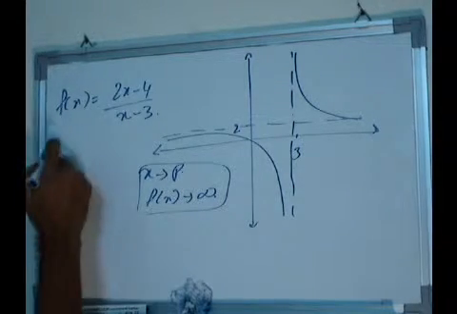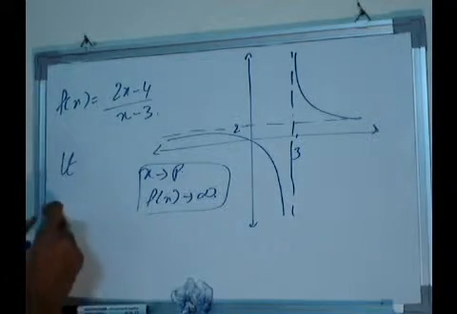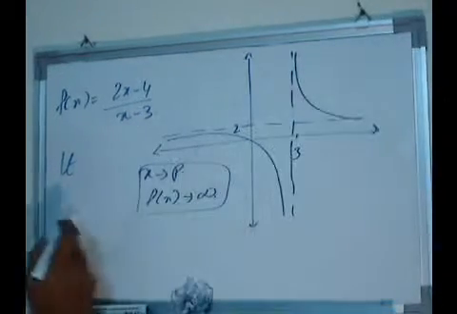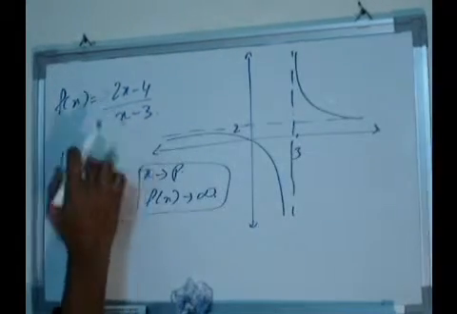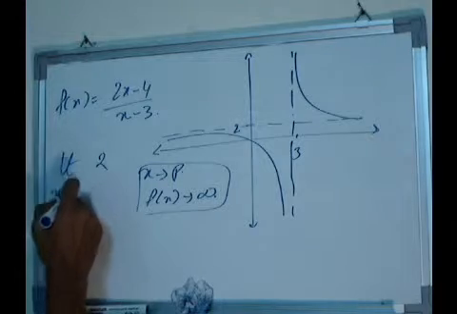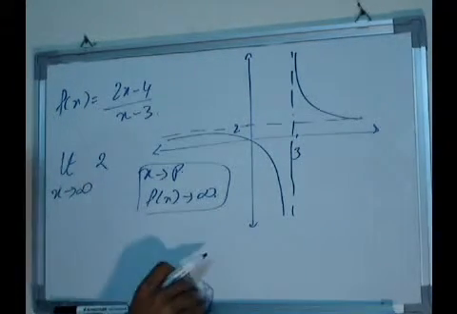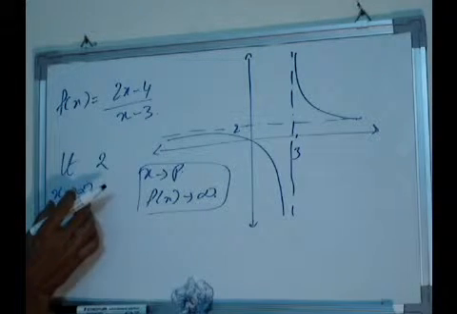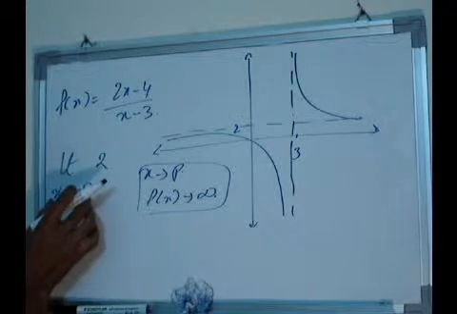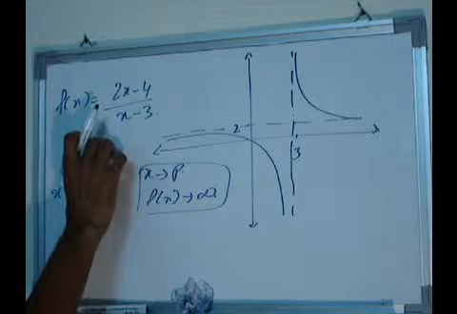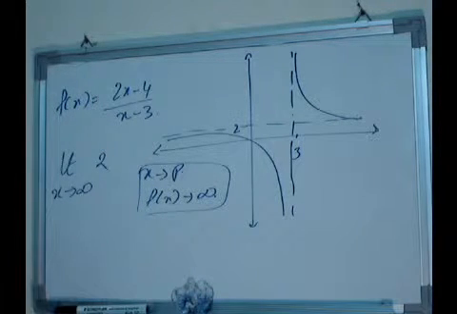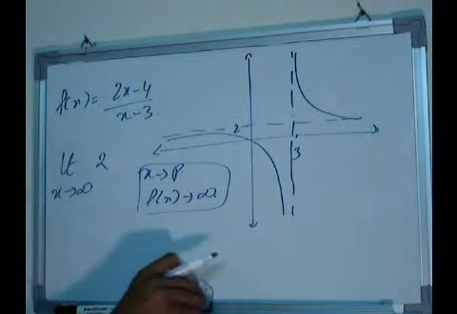And for the value y equal to 2, so I need the function over here to be 2. I need a particular value over here, x will tend to infinity. So if x tends to infinity at the value y equal to 2, that will turn out to be a horizontal asymptote.